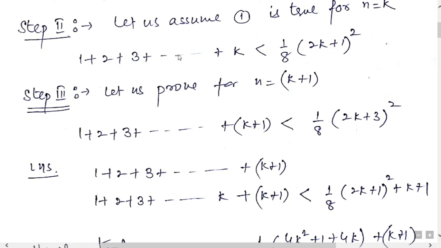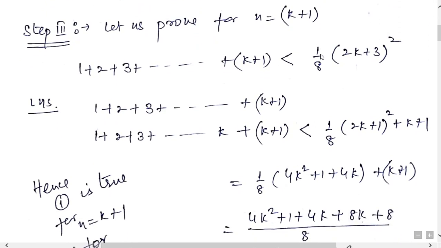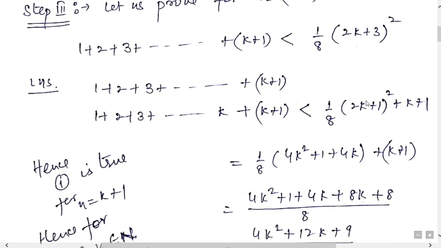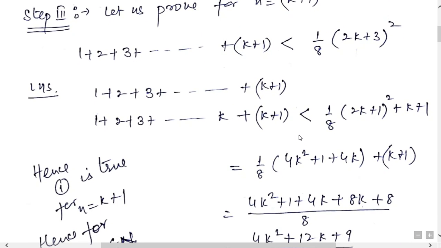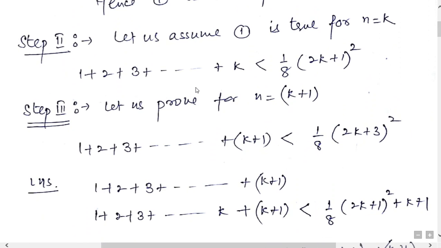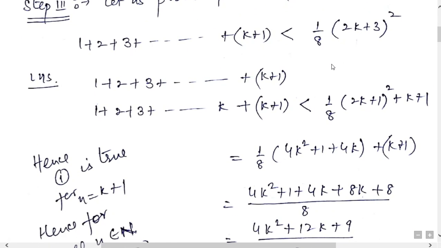If I add k plus 1 on both the sides of step number 2, then I can generate this equation. 1 plus 2 plus 3 up to so on k plus 1 is less than 1 over 8 (2k plus 1) whole square plus (k plus 1). Now let us try to solve this equation.